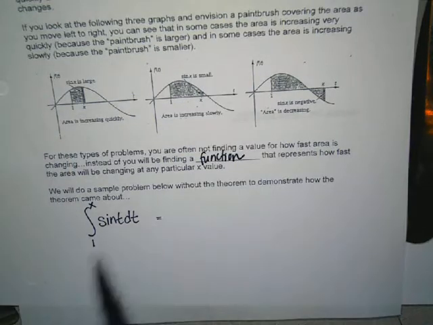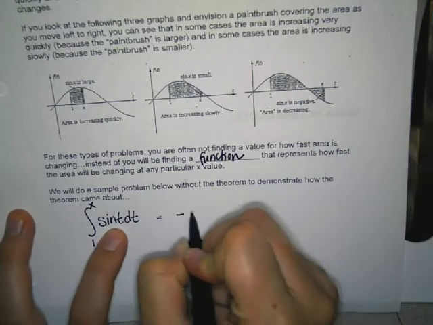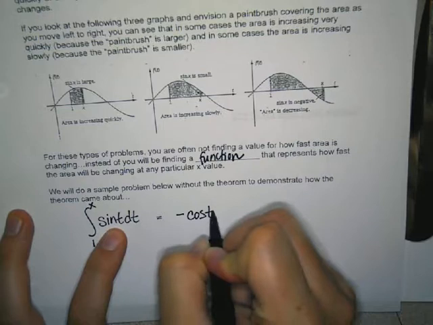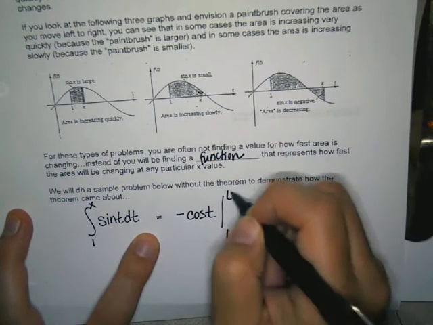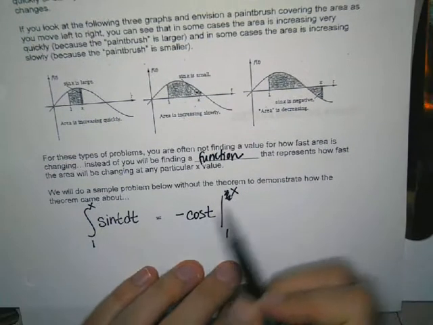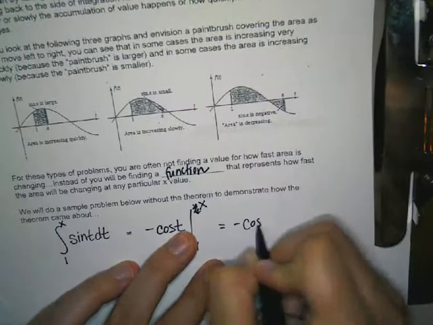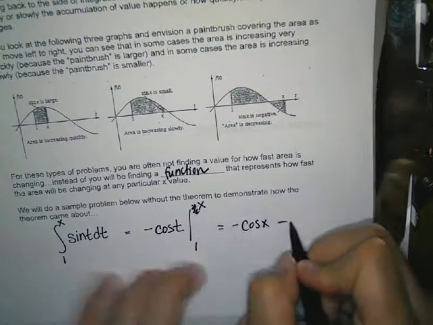Integrating this, the integral of sine is negative cosine. With limits of integration from 1 to x, normally we would take f of b, so I'm going to plug in x, minus f of a.